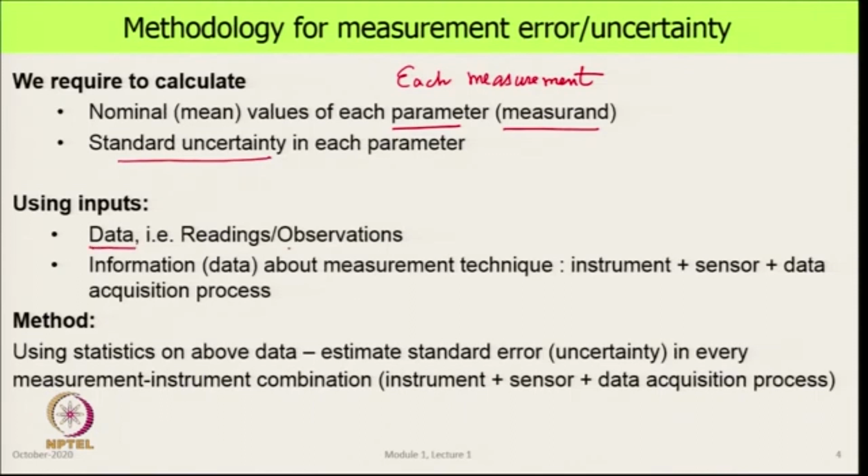One is data that came from readings and observations when we do the experiment, and second, information or data about the measurement technique, which includes the instrument or the sensor and the electronics that goes with it, and the data acquisition process.